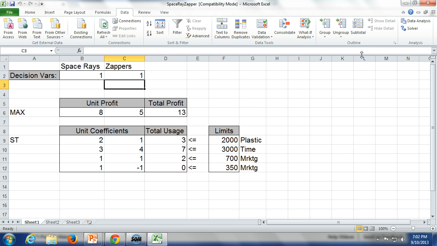All right, so you guys recall the space ray and zapper was a production mix. We made $8 for every dozen space rays, $5 for every dozen zappers. We had things like plastic, time, and two marketing constraints involved. So I solved that, and you guys have done this before.